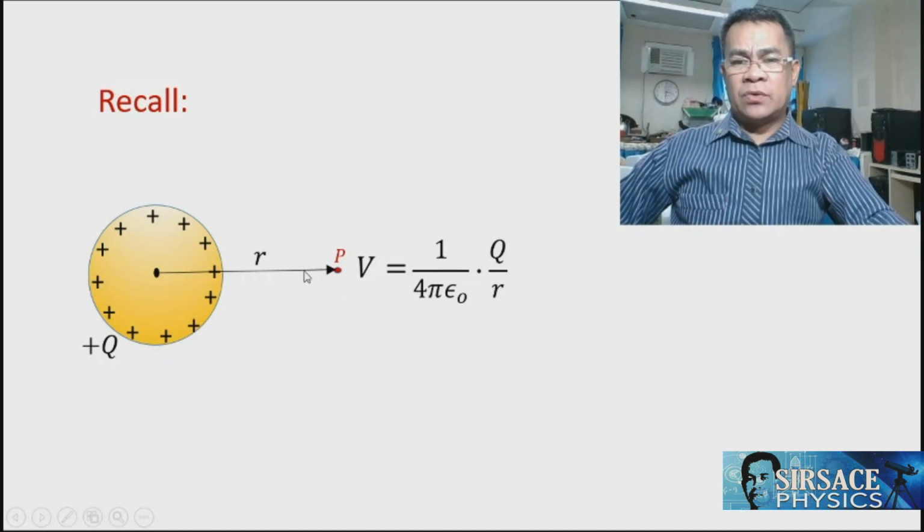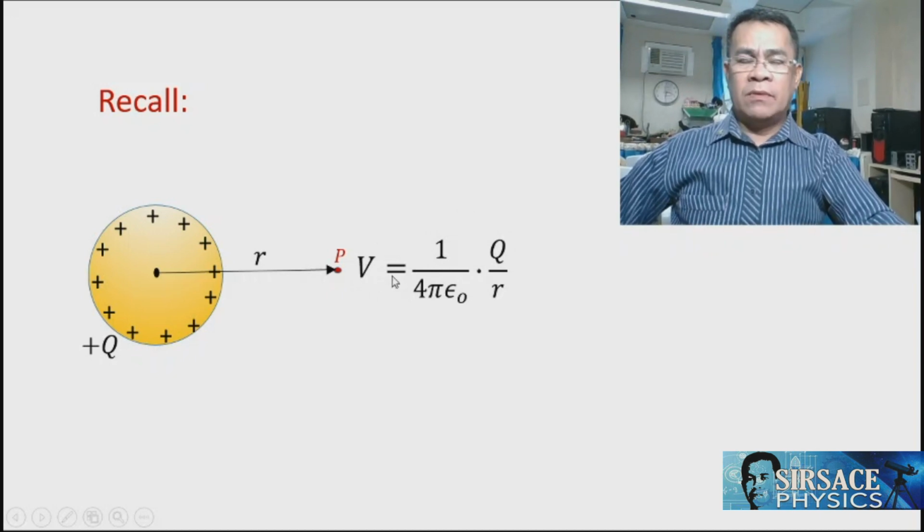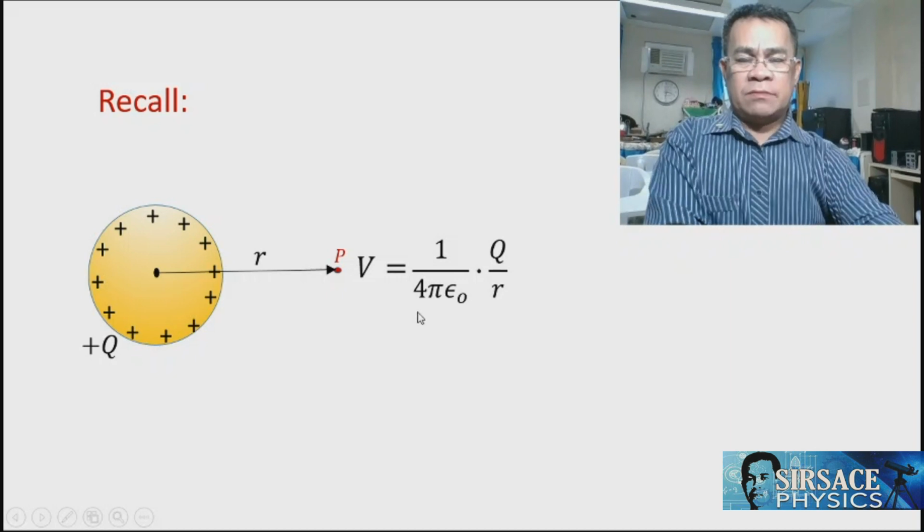To calculate the electric potential of a point charge at a distance r from the center, we simply multiply the electric constant, which is 1 over 4 pi permittivity, by the source charge, divided by the distance from the center of that charge. Substituting all values here, we are able to calculate the electric potential of a point charge.